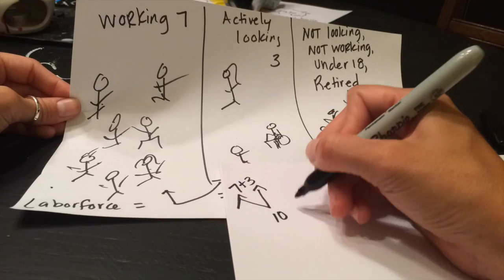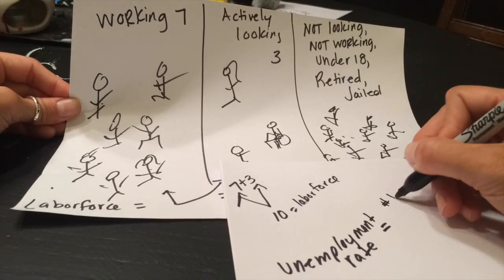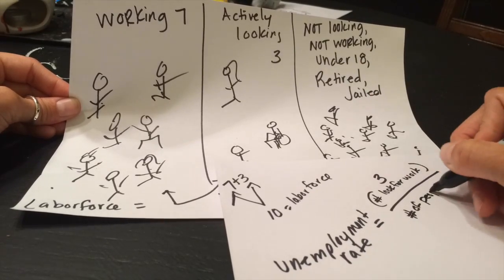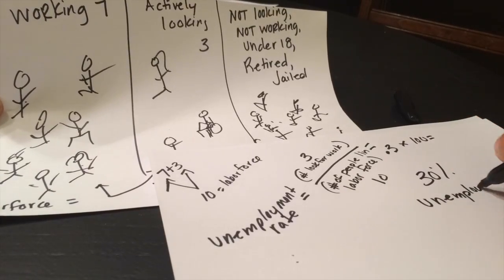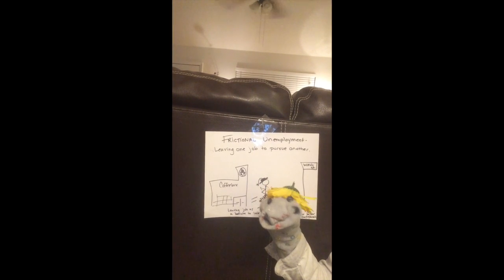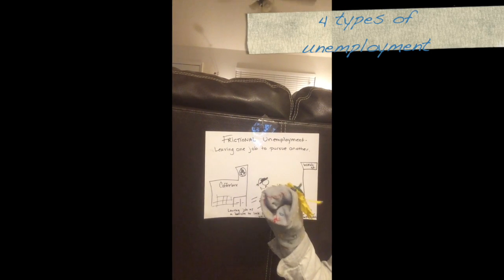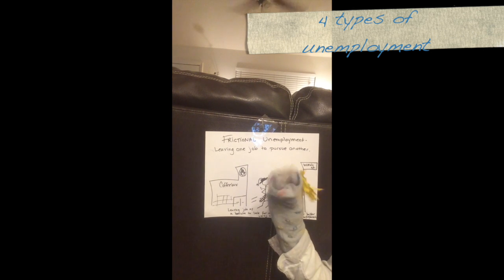To turn it from a decimal to a percentage, you always have to multiply by 100. So 3 divided by 10 is 0.3, times 100 equals 30% unemployment. Yikes. Now that we've calculated the unemployment rate, let's take a look at the 4 types of unemployment.